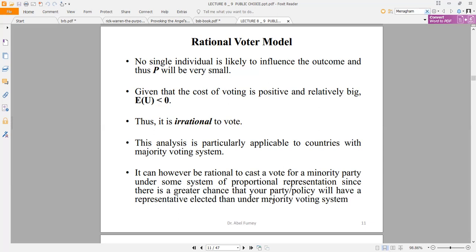Now, this rational voter model normally works with countries that use the majority voting system, where your party or the policy is actually going to win when it gets a majority of the votes.